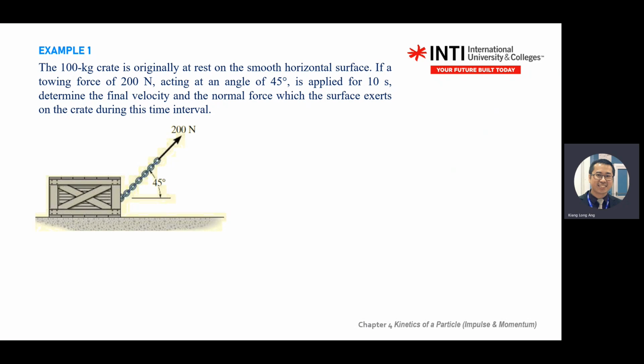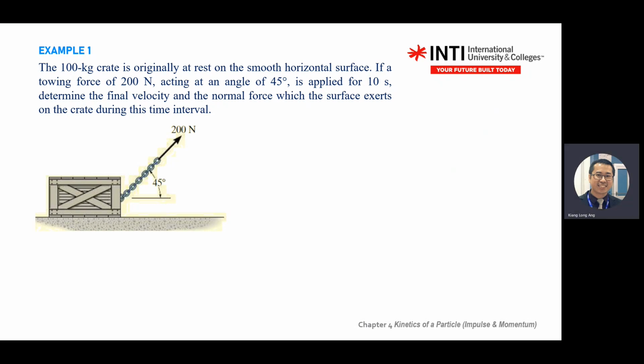This is have a contact of surface, so there must be friction and normal force here, right? So 100 kilogram original at rest, we have V1. Smooth horizontal surface means your friction is 0. If a towing force 200 Newton is given, 45 degree for 10 seconds. So time is given. So you have force, you have time. Force, time give you impulse.